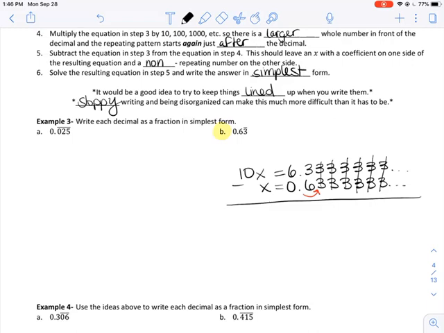That's actually a number. You can put that in your calculator, but it equals 5.7. Now there is a decimal, but don't panic. It's gonna be okay. 10x minus x equals 9x. And then, like we did before, we're just gonna divide at the end. I have x equals 5.7 over 9, which is lovely.